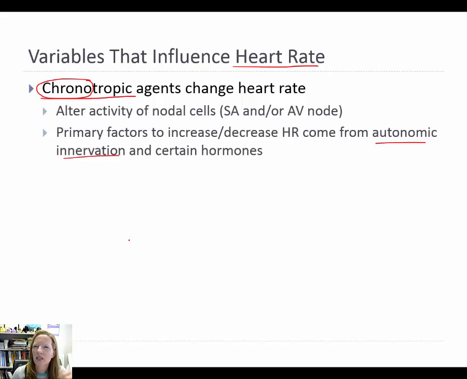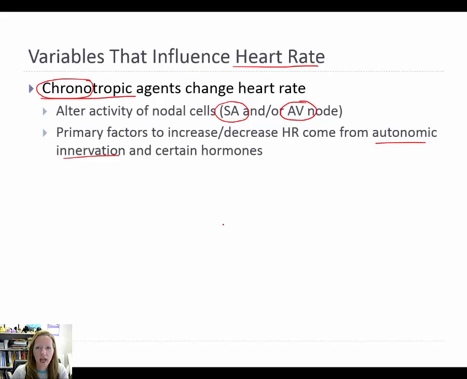It's always going to be either the endocrine system or the nervous system. I say always, but there are always exceptions to that rule. I showed that picture a long time ago, and it will come up again in a second. Remember how it comes from the autonomic innervation, parasympathetic and sympathetic, and I showed how it innervated the SA and AV nodes. We'll look at the chart later.